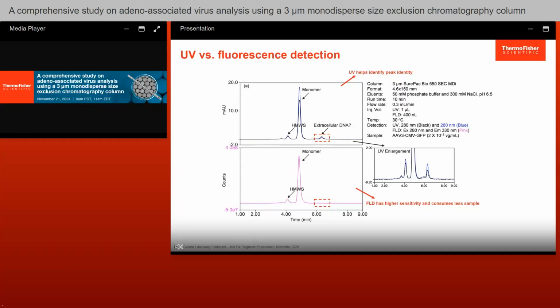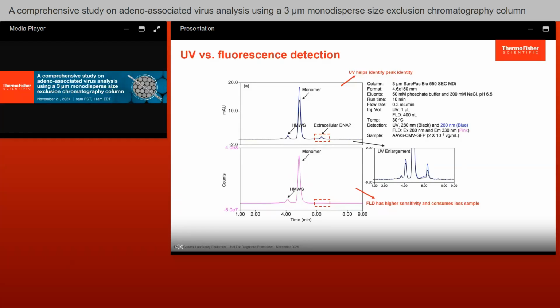On the top, the trace using UV detection, the blue trace is 260 nanometer and the black trace is 280. Because all the samples we tested here are full samples, the AAV contains DNA inside, and DNA has stronger absorbance at 260. So we can use this feature to confirm the identity of the peaks.